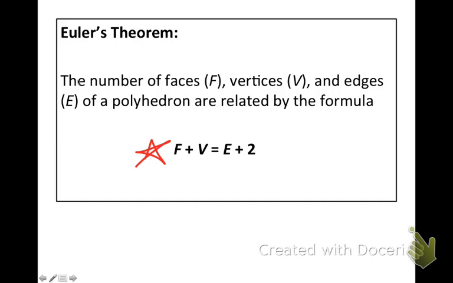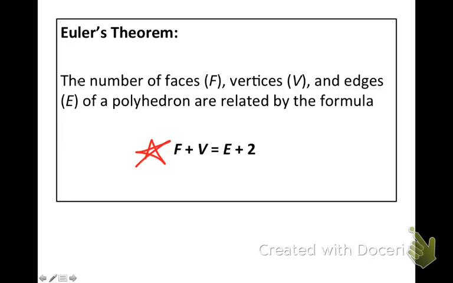What this formula tells us is the following. You can take the sum of your faces and vertices. So if you do F plus V, it should get you to the same thing as your number of edges plus 2. And that works every single time. So F plus V is equal to E plus 2. It's your first formula you're going to need memorized for this test and quiz.